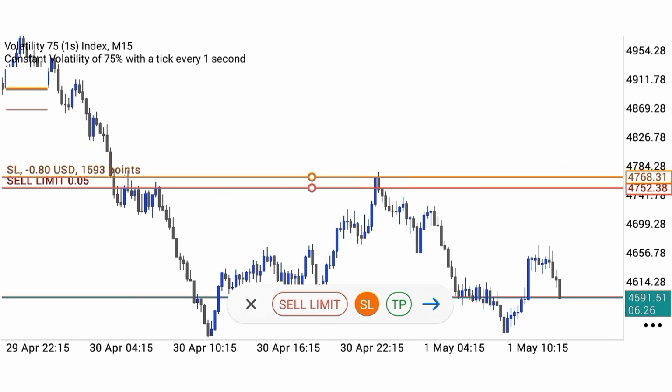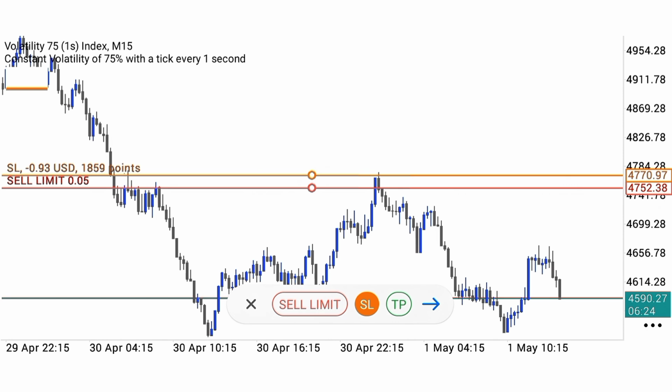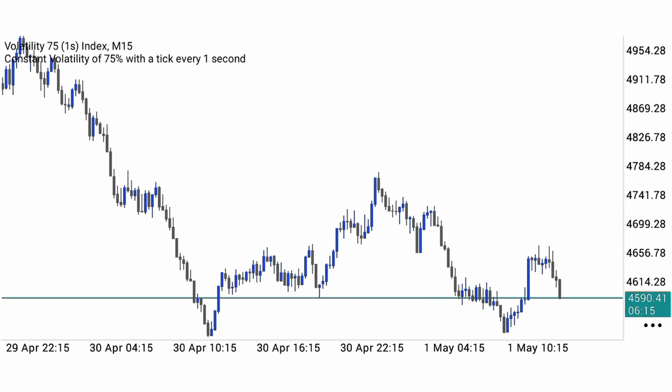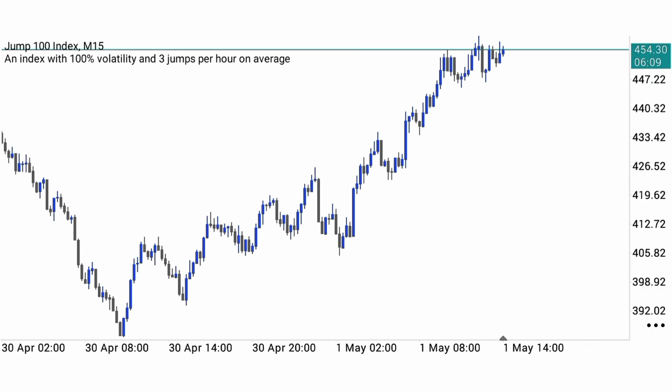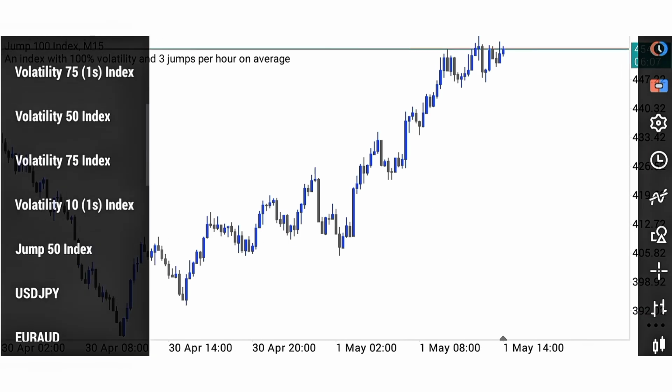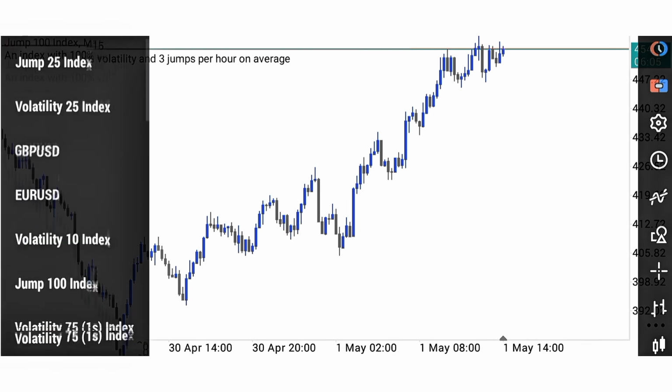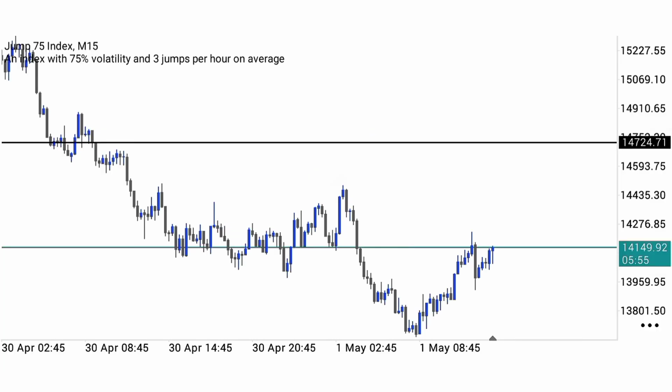Although this one is a little bit high, it is still one of the lowest risk assets on Deriv synthetic indices. So the bottom line is that if you want to trade more comfortably, I prefer you go with Jump 100 or Jump 75, because these are the ones that will help you to risk comfortably in the market.